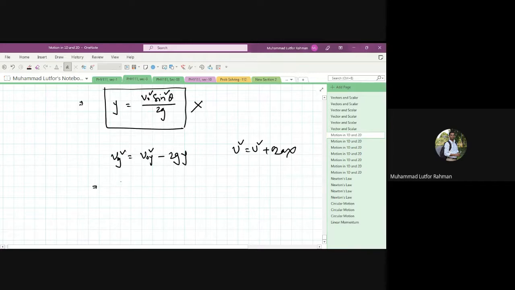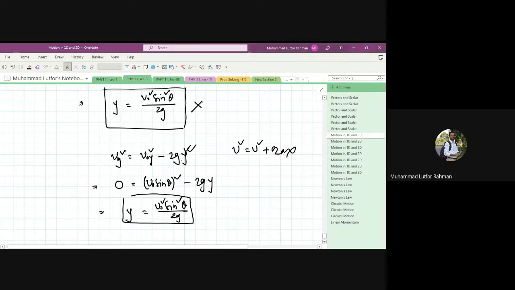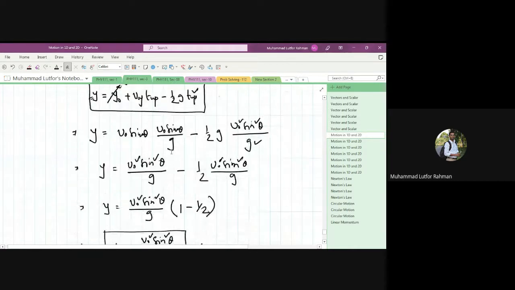V naught y is actually V naught sine theta, squared, right? Minus 2gy. Then I can find out y would be V naught square sine square theta divided by twice g. It's very simple. I don't have to memorize. I will just plug in the value into that equation and find out the y over here. Or if I know the time, then I can use this equation to find out the maximum height using that formula.